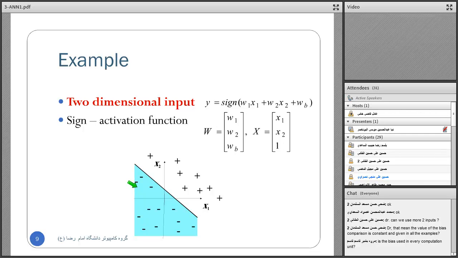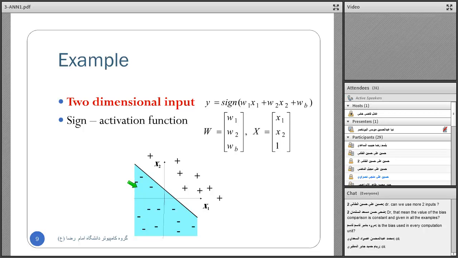And in all of the computation units, we don't need bias. Bias is something that we can use, but we are not forced to have bias in all of the computation units. It is something that we could choose to use, but we are not forced to use bias.